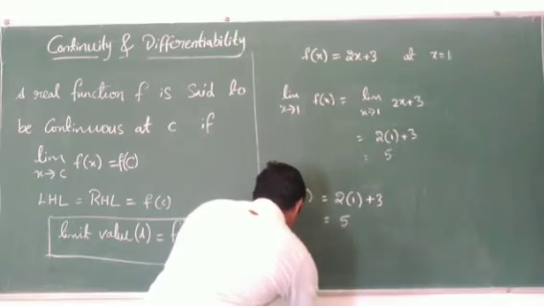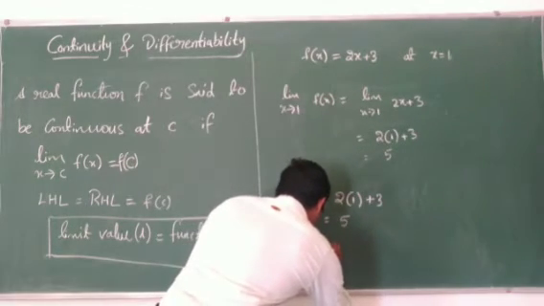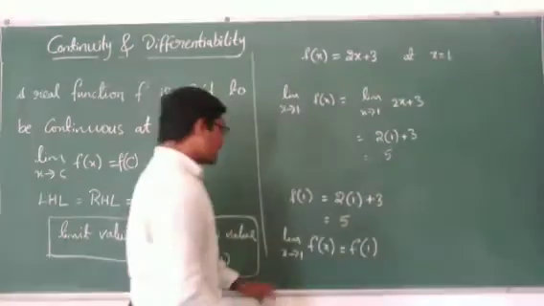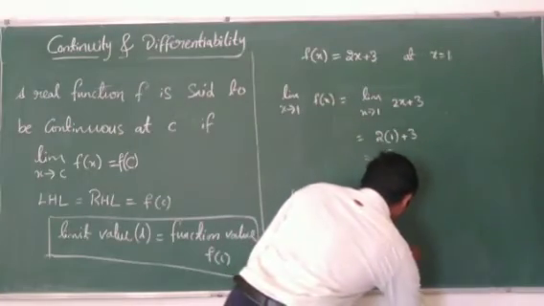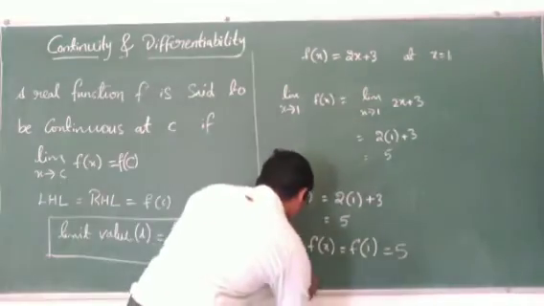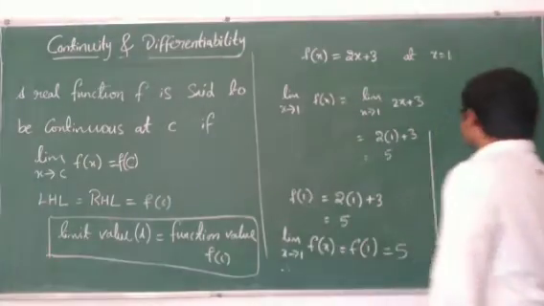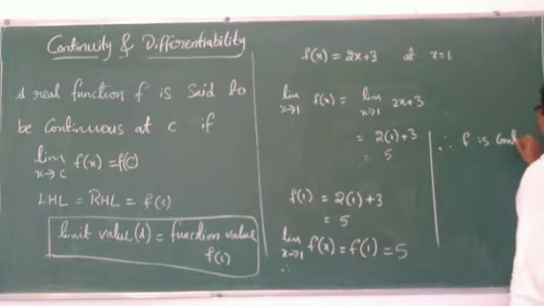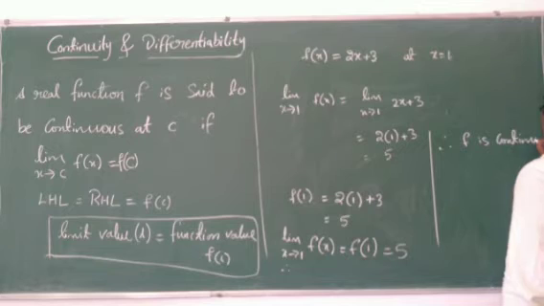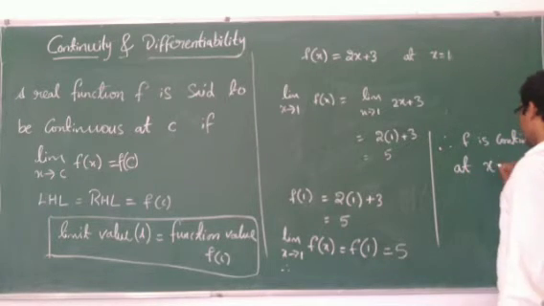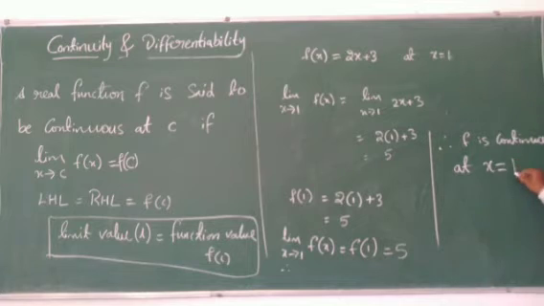Limit x tends to 1 of f of x is equal to f of 1. The limit value and the function value are both equal to 5. Therefore, f is continuous at x equal to 1.